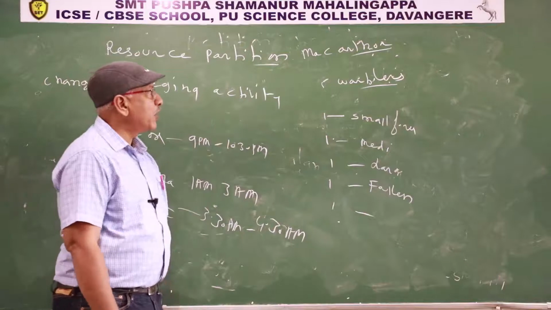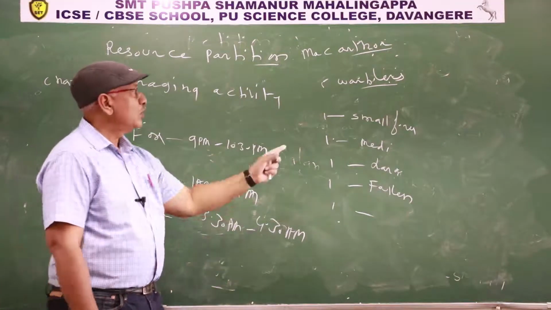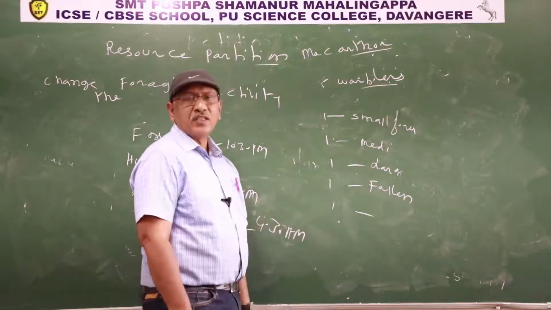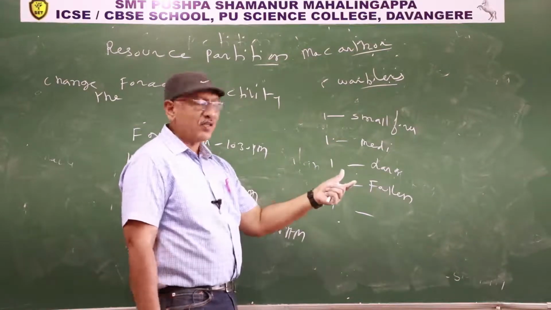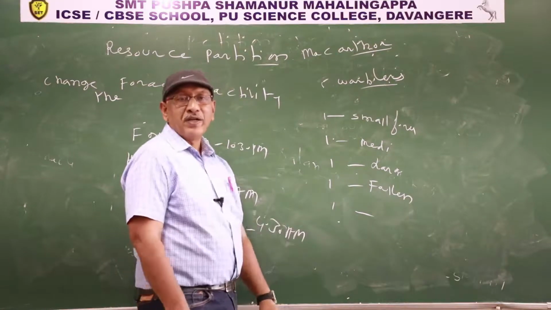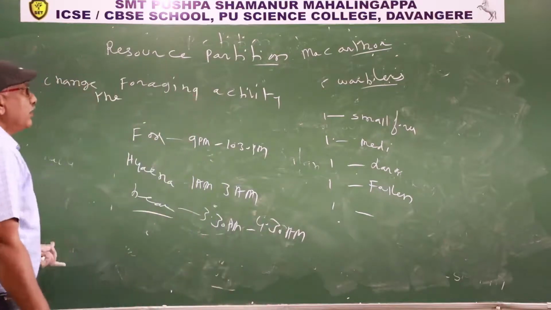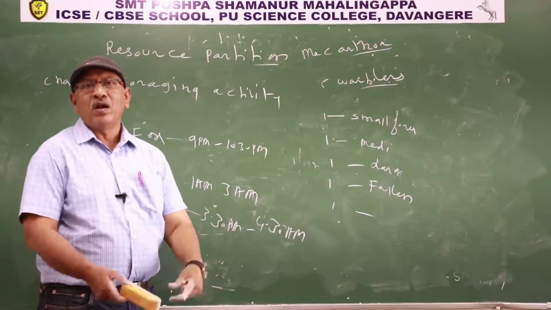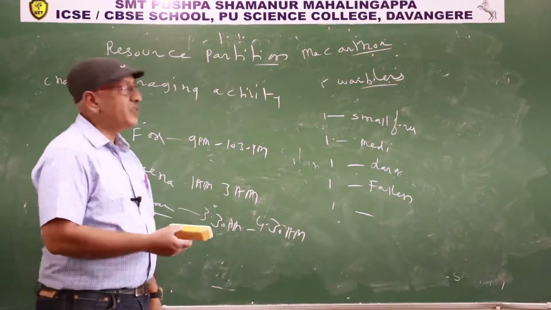All 5 warbler species live on the same tree. One warbler species feeds on small fruit, another medium size, one large size, one on fallen fruits, one on unripe fruit. In this manner, they distribute the available food and avoid competition. That is known as resource partition.